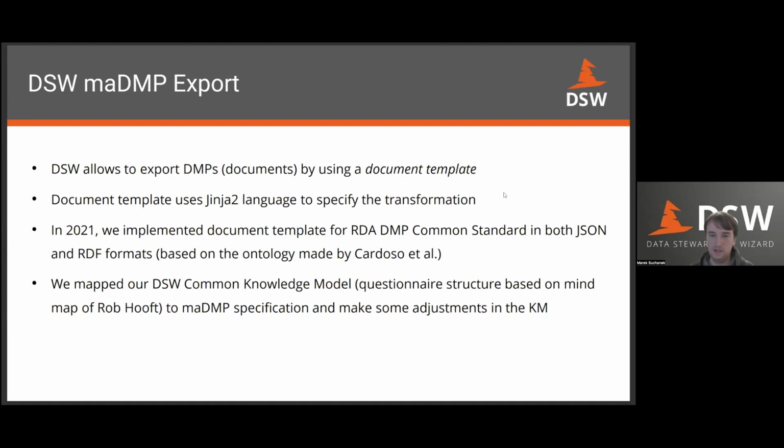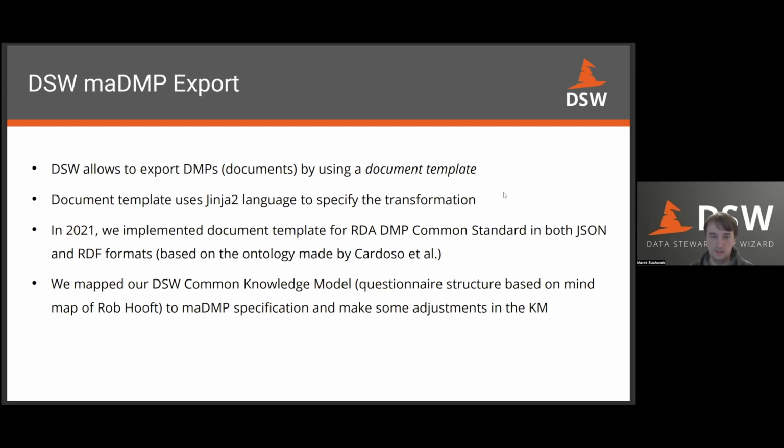And the document template is basically a definition of transformation for the questionnaire replies into a document. The document can be an HTML document, it can be PDF, Word document, but it can also be JSON, RDF, it doesn't matter, it can be any textual file, basically.